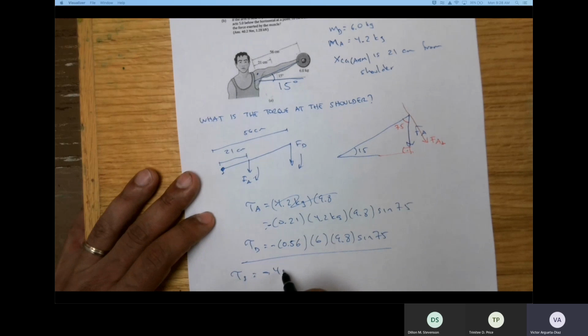And I get negative 40.115 newton meters.